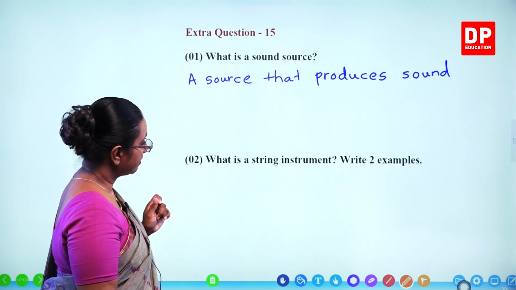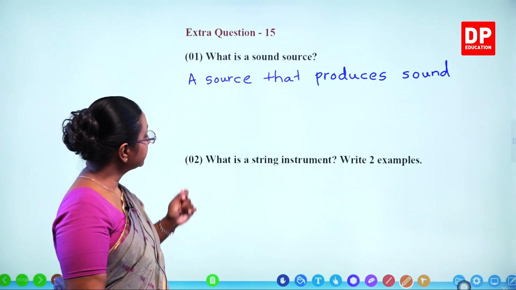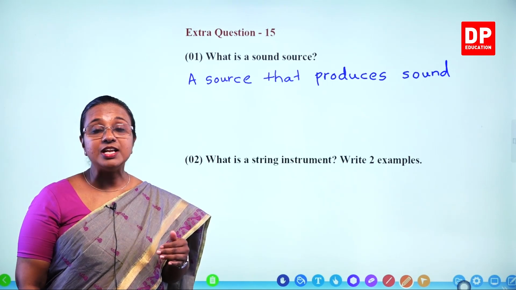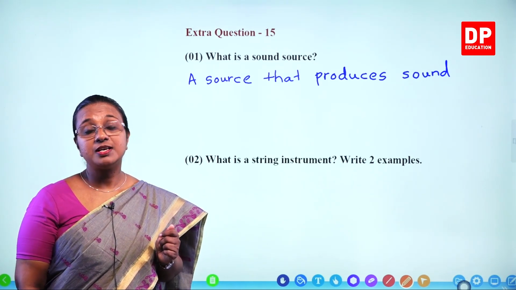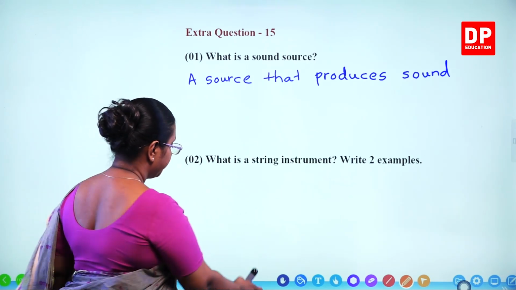What is a string instrument? Write 2 examples. A musical instrument in which sound is produced by the vibration of strings. And we can write examples.